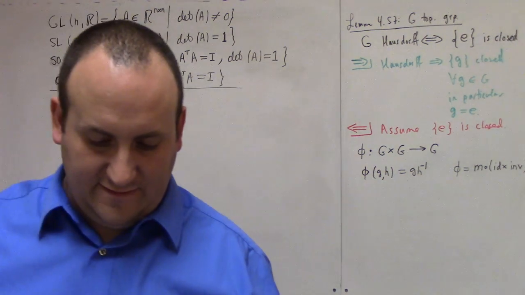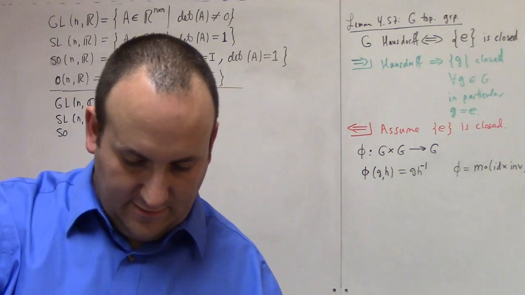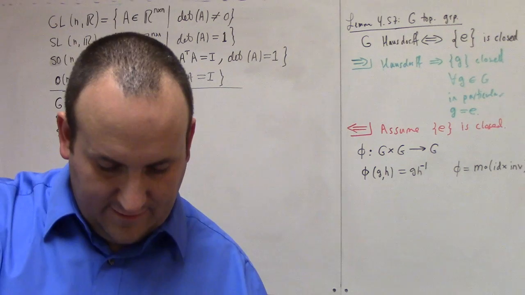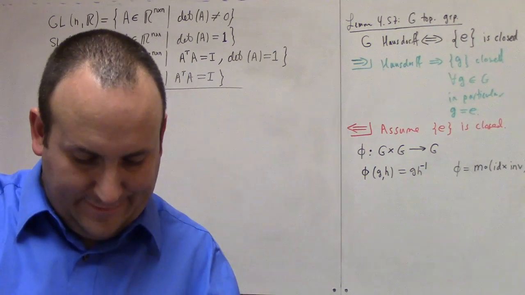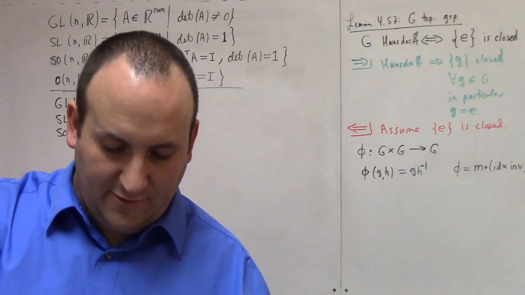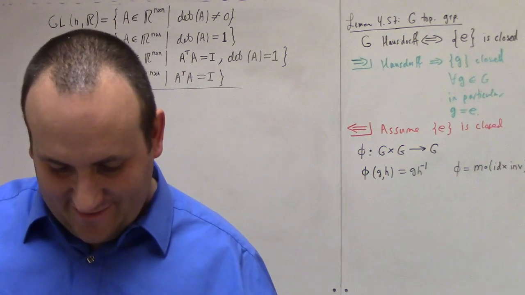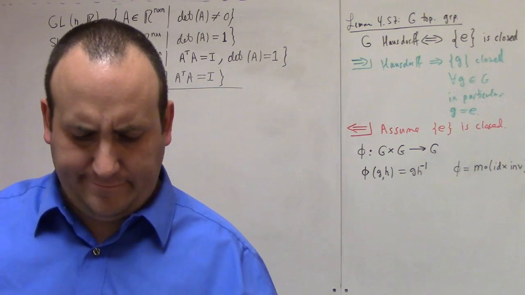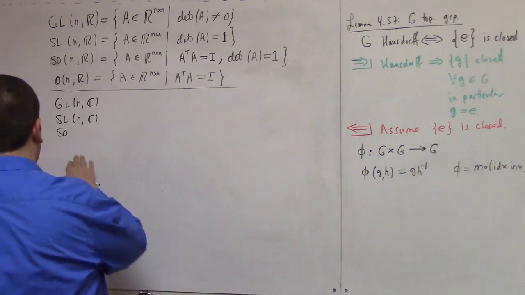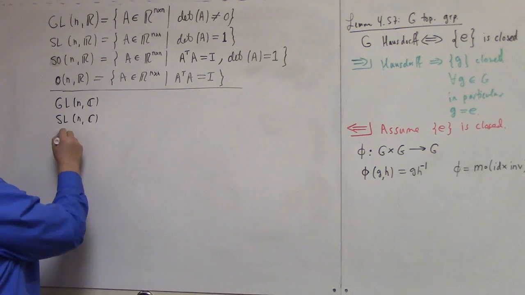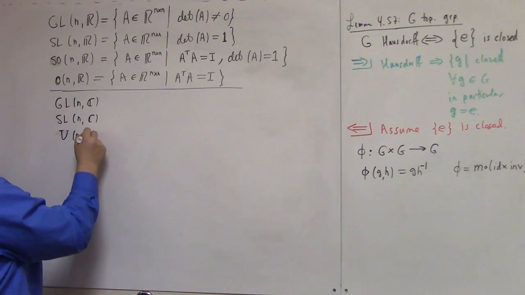U(n,C), that's just not a good thing to call anything. Sorry. I feel like if there was a UVA group, we wouldn't like that either. Sorry. Oops, I'll do U(n,C). I hate to say that.